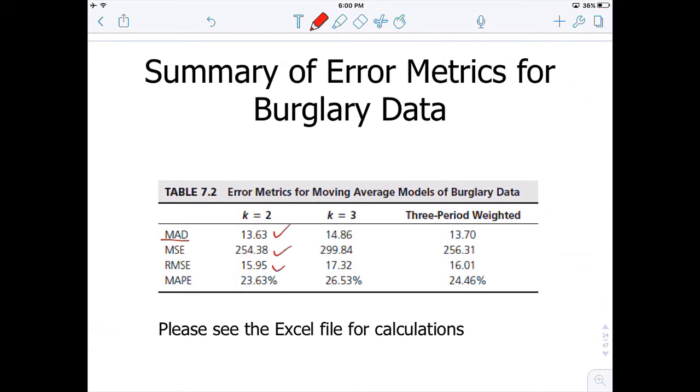For RMSE, this one is the smallest. And for MAPE, this one is the smallest. Interestingly, moving average method with k is equal to 2 gave me the best error values. So I say go with moving average with k is equal to 2 for your future forecasting calculations.